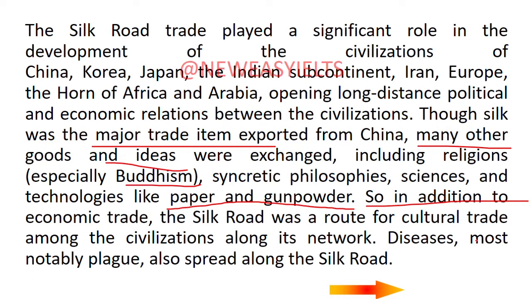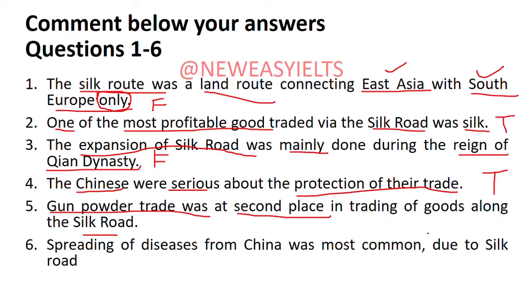Along its network, diseases, most notably plague, also spread along the Silk Road. We don't know that the gunpowder was at the second place or third place or any other place. So the answer would be not given. Okay, so the answer of fifth is not given. Sorry for my writing.